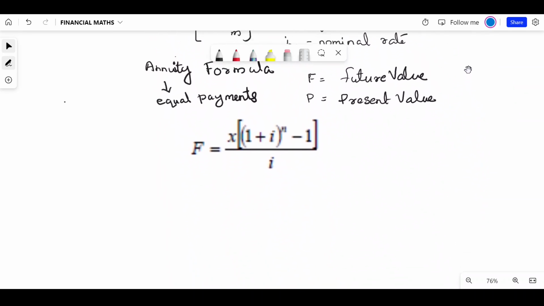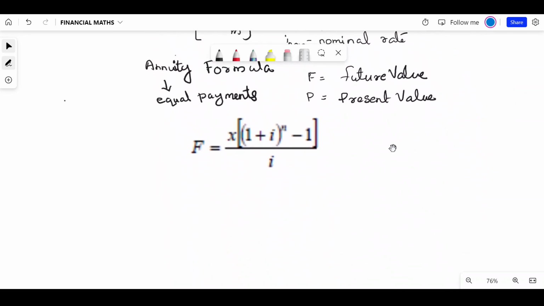First one, the future value formula, F equal to x times (1 plus i to the power n minus 1) divided by i. So F is the future value here. As you know, x is the next one.